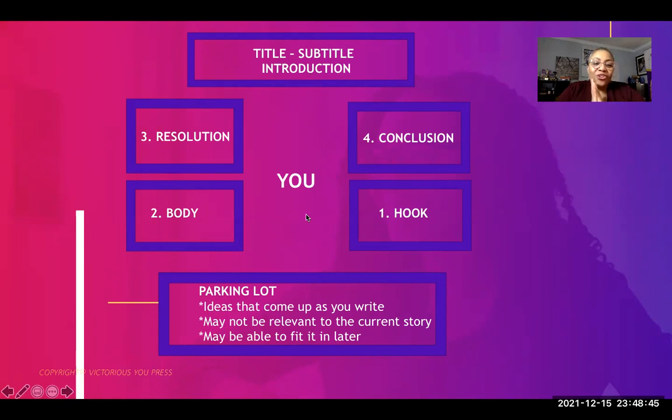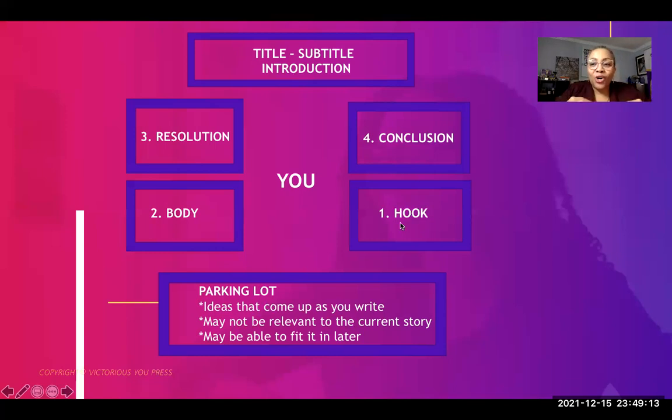But let me just draw your attention to number one, right? There is no particular reason why that is at the bottom, and then two is on the opposite side, and three is above, and four is the conclusion. It circles you, right? And that's just how my brain thinks, and I think it really makes sense once you flesh it out. So the very first thing in your book is your hook.